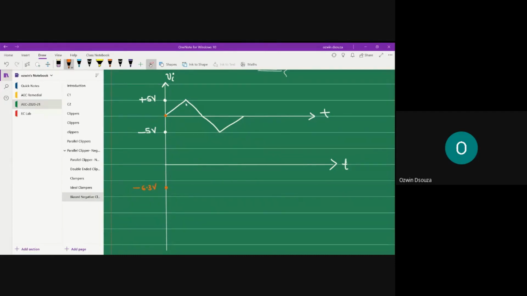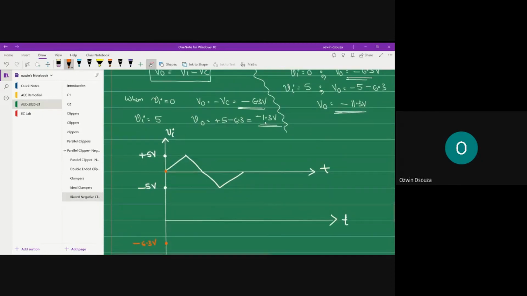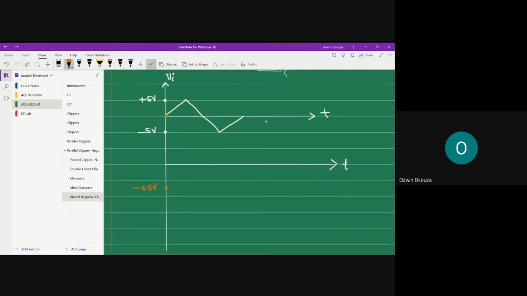And when your input is plus 5 volts, your output will be at minus 1.3. So minus 1.3 is somewhere here. So just join. This is minus 1.3 volts.